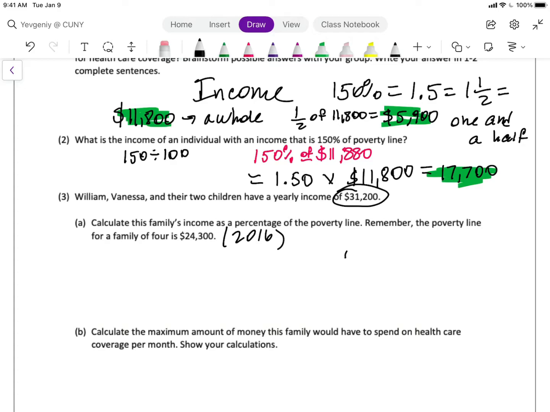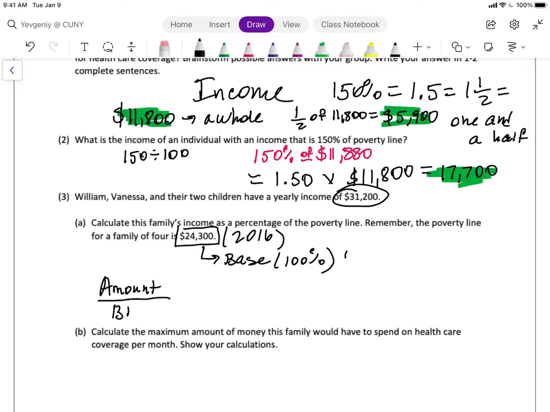How do we find what exactly it is as a percentage? And listen to this carefully. Well, we use 24,300 as what we call a base. This is our foundation. This is 100%. And 31,200 is more. Okay? When you set up a percent, the way you want to set this up, and this might look familiar to you, is the amount divided by the base.